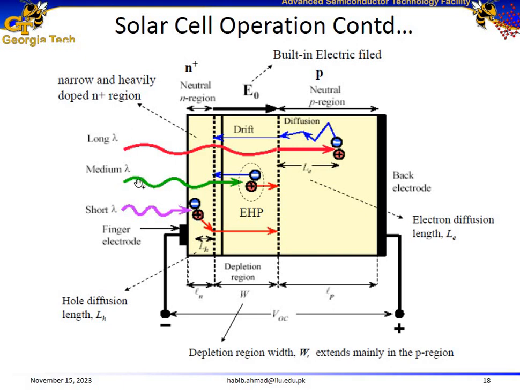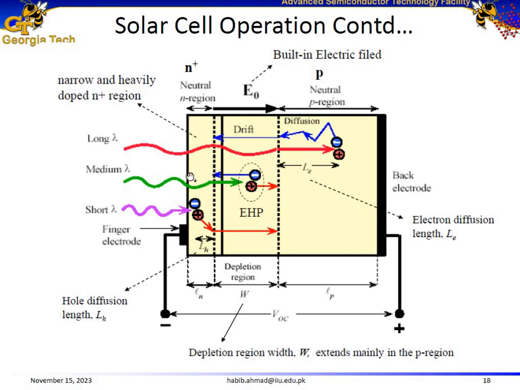Now consider the medium wavelength. The medium wavelength light would travel up to a medium distance inside this semiconductor device. So for example, assume that the green light travels into the depletion width of this p-n junction, resulting in the generation of an electron-hole pair.